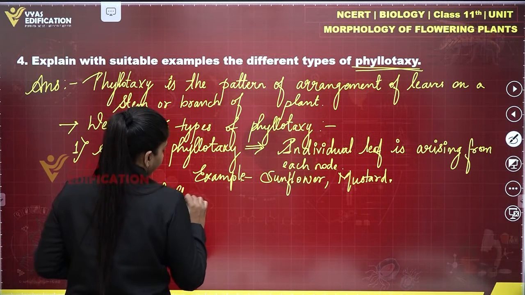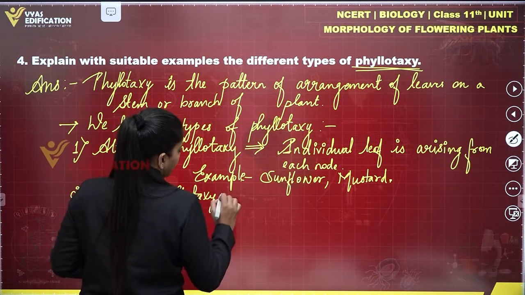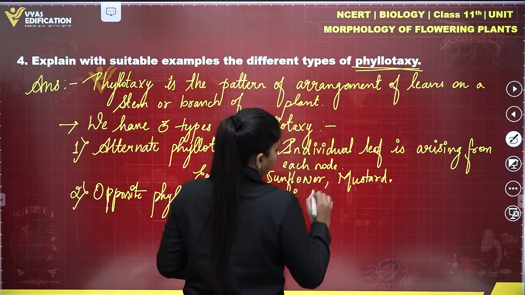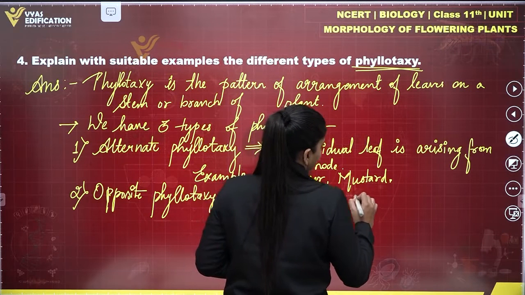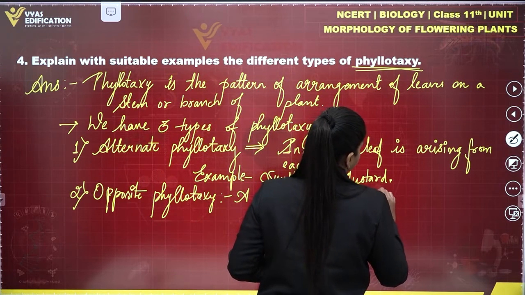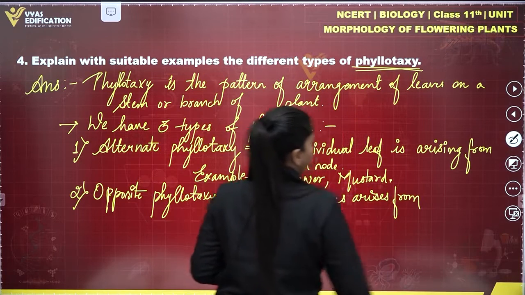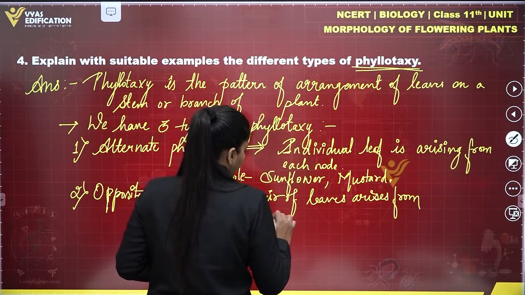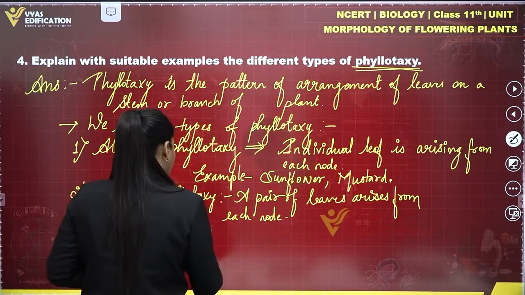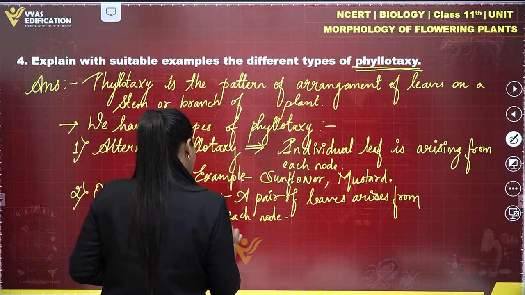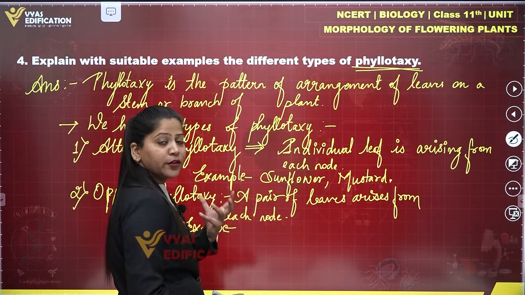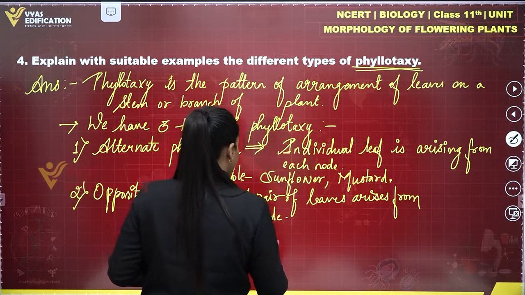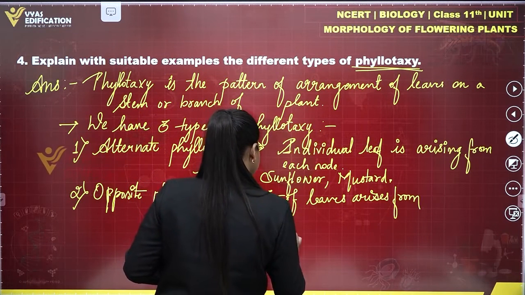The second one is opposite phyllotaxy. Here a pair of leaves arises from each node. An example of opposite phyllotaxy is guava.